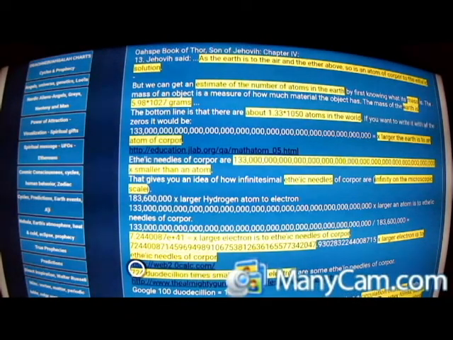The number is 724 duodecillion times smaller than an electron for etheric needles of copper. And I got links to those very large microscopic numbers.